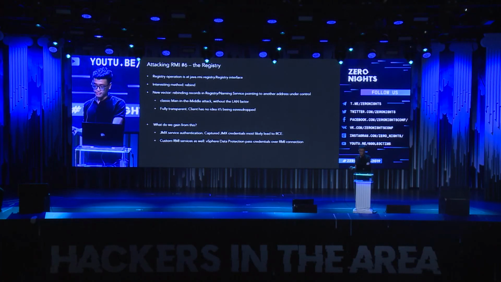When the JMX service passes the credentials over the wire, we can use this attack to capture the JMX credentials, and then it will most likely be RCE. The details will follow. And the custom RMI service as well. The VMware vSphere Data Protection also passes credentials over an RMI connection.